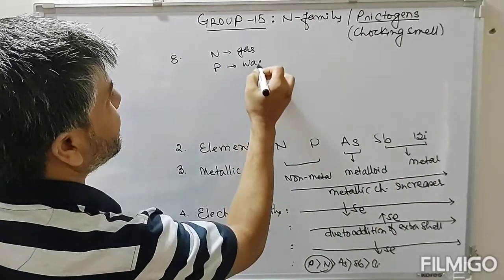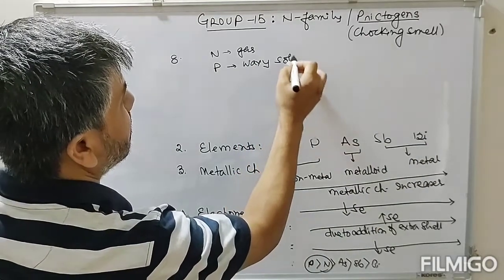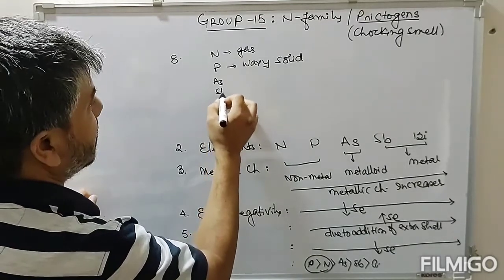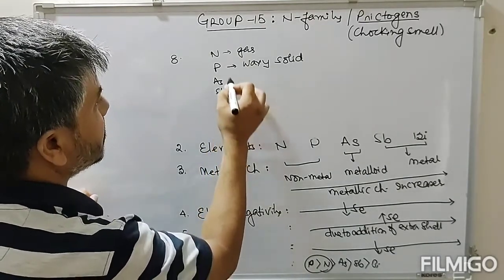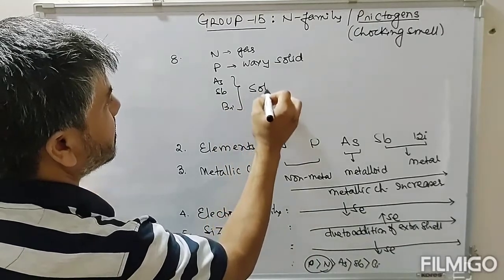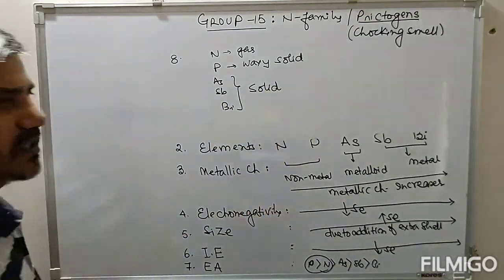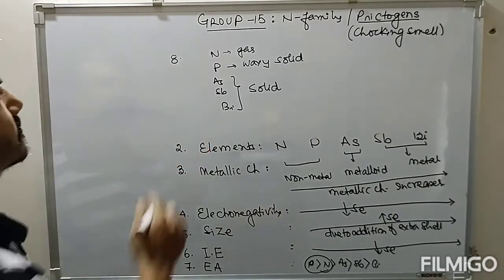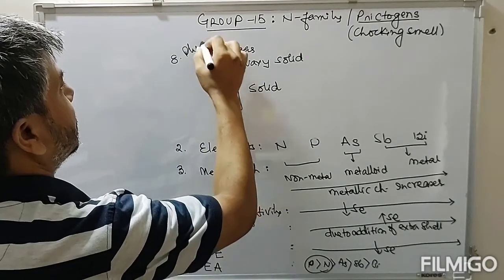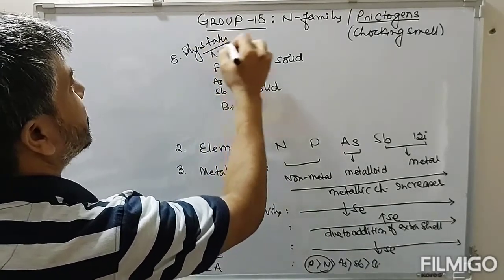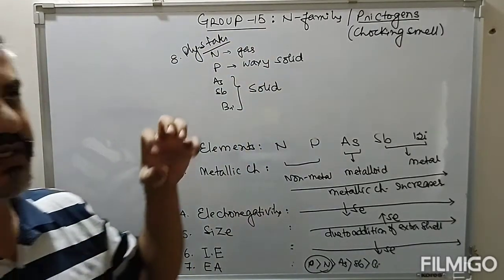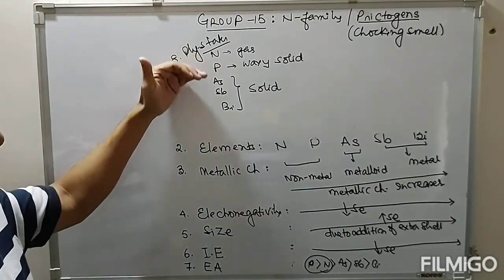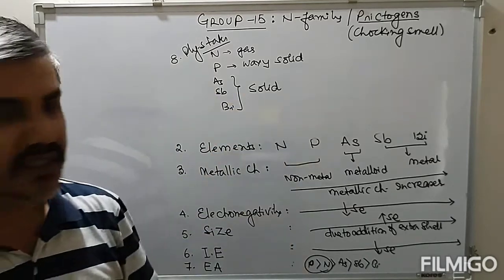Phosphorus, we say, is a waxy solid. Arsenic, antimony, bismuth exist as hard solids. Now look at this, the physical states of these elements. The first element, nitrogen, in the elemental state exists as a gas. The remaining elements, phosphorus, arsenic, antimony, bismuth, exist as solids.